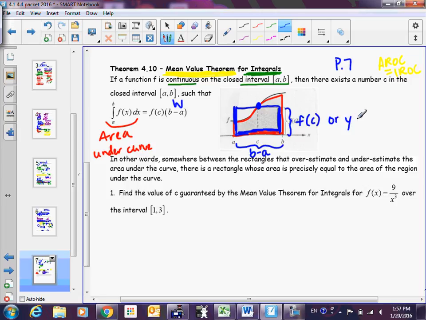Okay, so I want you to go ahead and write this off to the side, or y value. And that is the height. So together, they make the area of a rectangle, and you could put Riemann sum there. If you want to write it out, write it out. RS, though, means Riemann sum.